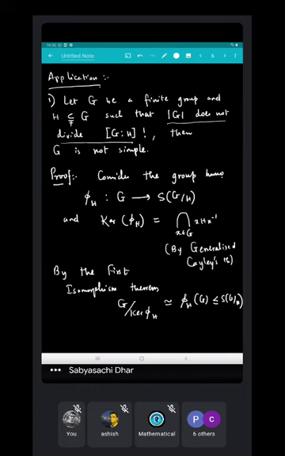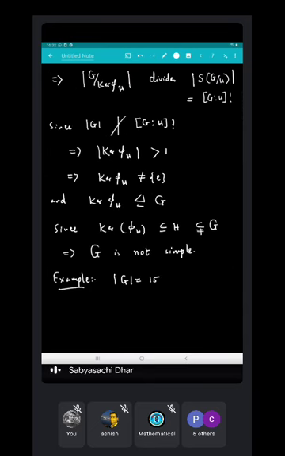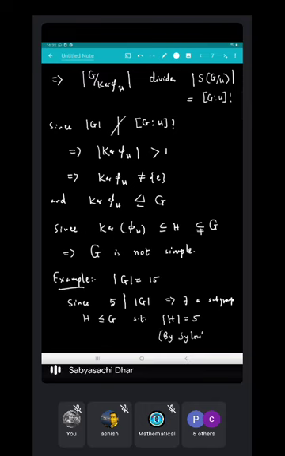Okay. So it is a very important result. For example, since 5 divides the order of G, there exists a subgroup H of G such that the order of H is 5, by Sylow's theorem, right?